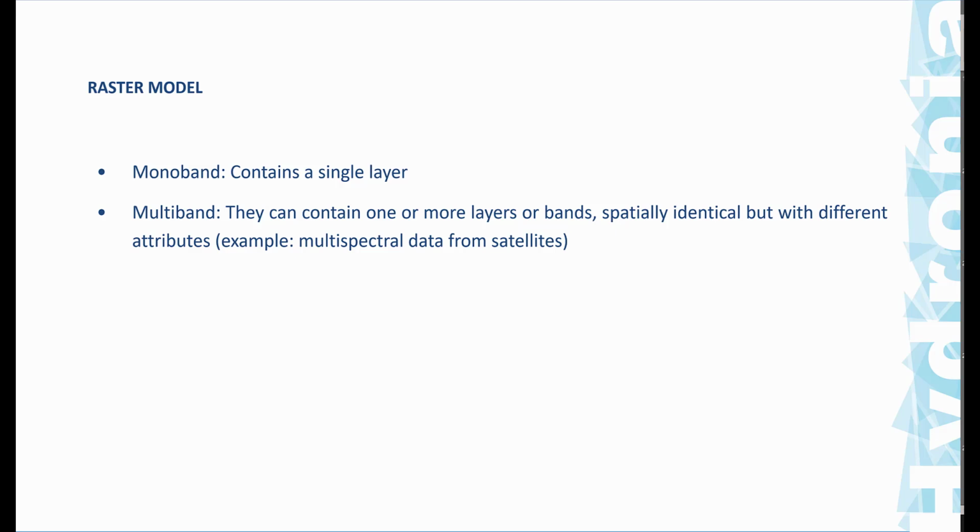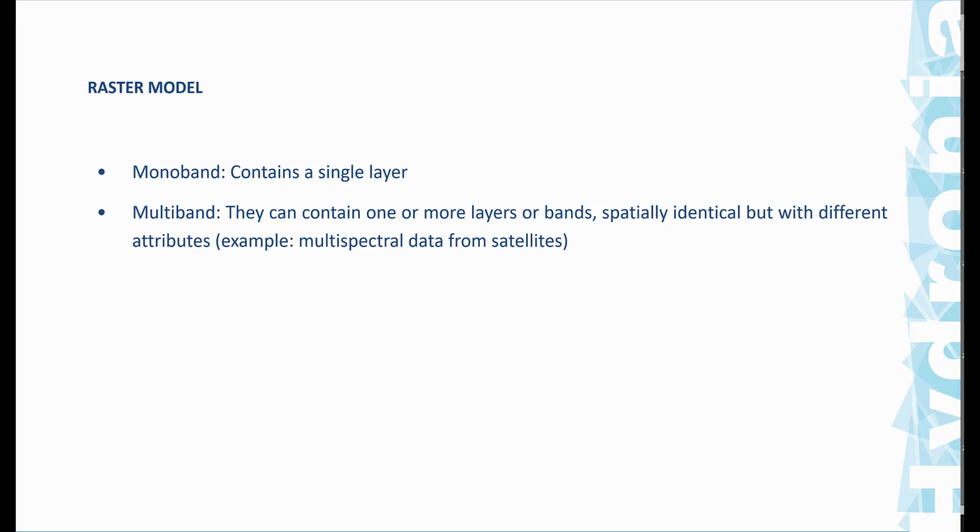Another characteristic of raster files is that they can be either monoband or multiband. The files that are usually processed and generated by the Hydrobit flood are monoband. They contain a single layer. There are also raster files that are packed with several layers or bands, generally 3.